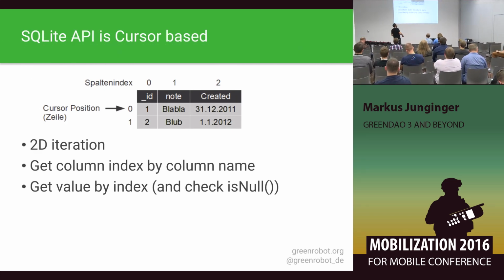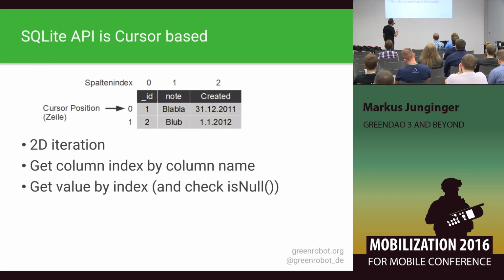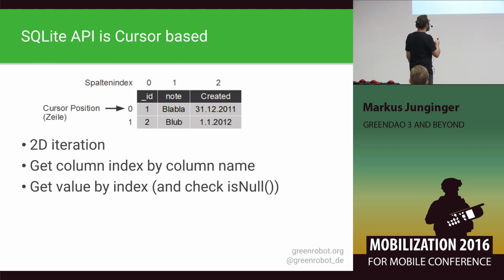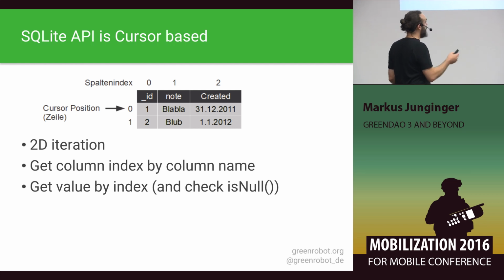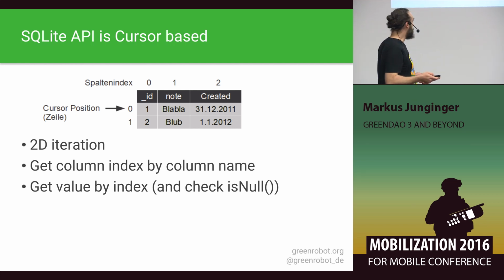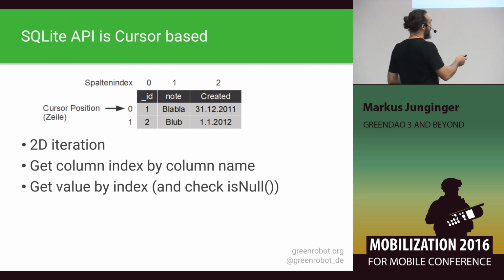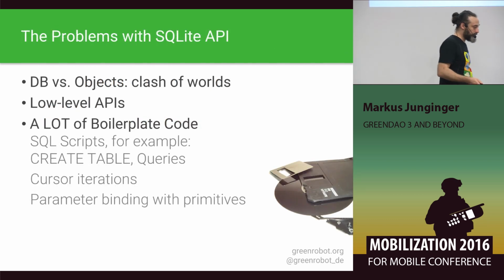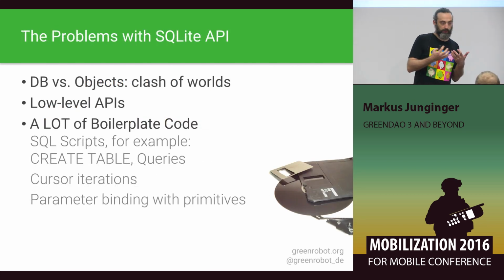So usually when you have a database, it looks like this. You have rows and columns. And when you want to get the data, you have to go to the first row and get the first column, second column, and so on. So these are many API calls. And also in Android, you even have to check is null and so on. So it's kind of clashing worlds.